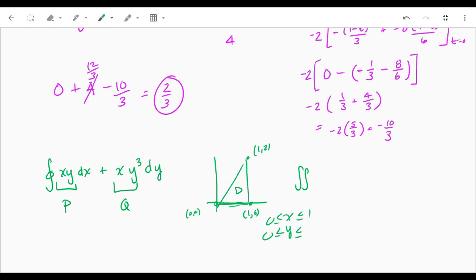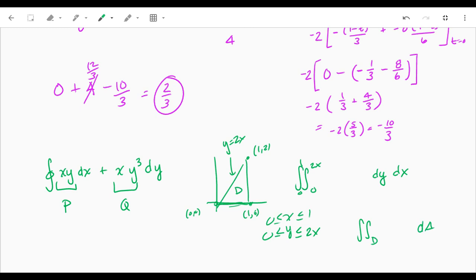So this line is y equals 2x, so 0 to 2x. So I have to do my dy on the inside, right? 0 to 2x dy, and I need my 0 to 1 dx. Okay, so there's my double integral over dA.